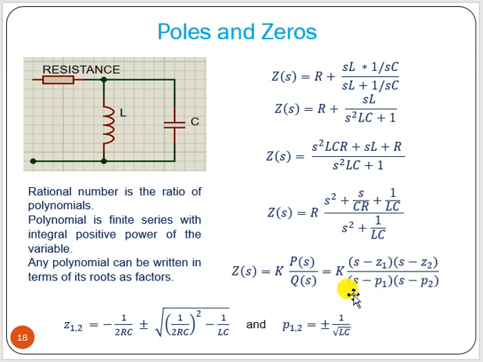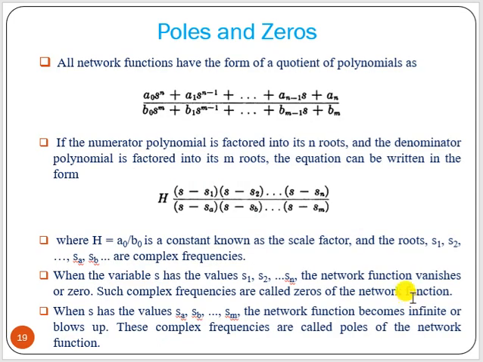And if we put the roots of the denominator here, that is p1 or p2, the denominator will be 0, then the total function will be something by 0, it becomes infinite. That means for the roots of the denominator, the function becomes infinite or it blows up. That is why it is called a pole. So zeros are the roots of the numerator polynomial, and poles are the roots of the denominator polynomial.